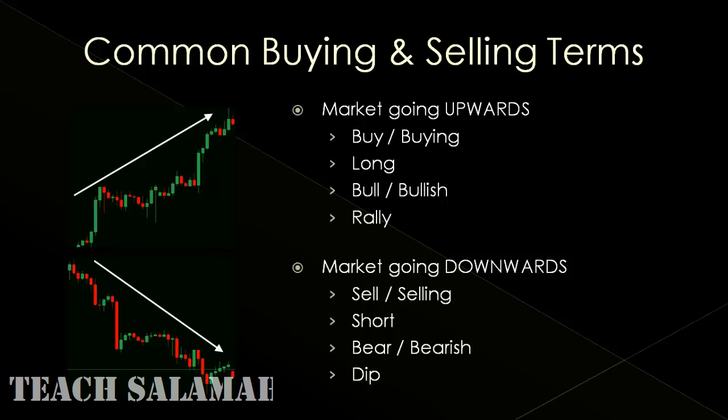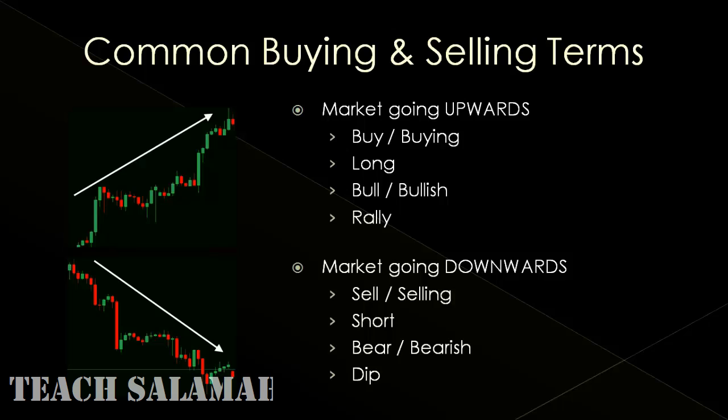Now, on the other hand, the market can also be going downwards. And on the bottom left-hand side of the screen, I have a chart with an arrow that's pointing downwards. Just below the arrow, you will notice that there are some candles. And each of these candles are getting lower and lower. As a result, the market is going downwards.